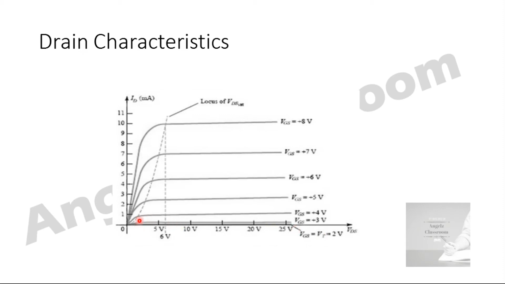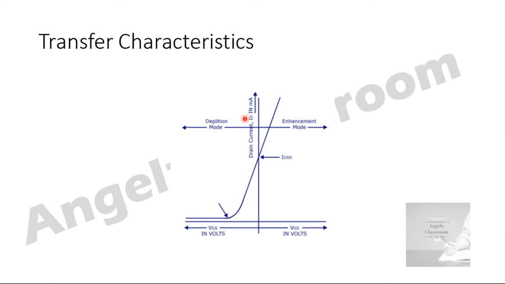When I keep my VGS at a constant value in the positive range, after VGS is equal to 2 volts, there will be a current flowing across the region, and there is a graph drawn over here. To the left of this curve will be your ohmic region, and to the right of this curve is where your saturation region occurs.